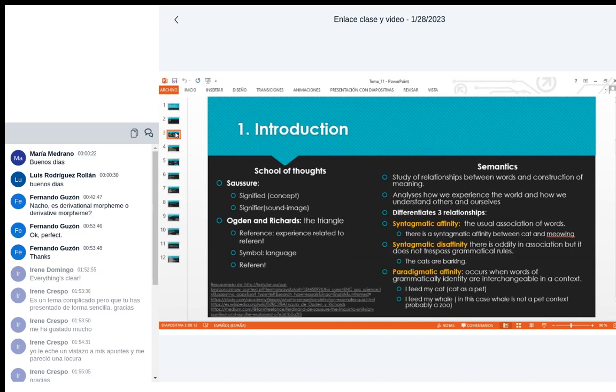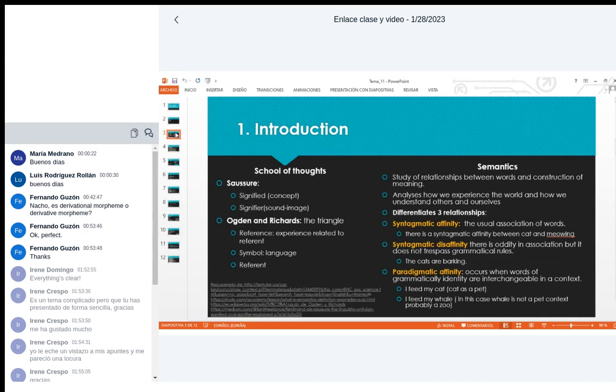The signified refers to the concept itself, that is, to the existing thing in reality, whereas the signifier referred more to the words and to the pronunciation of the concept.